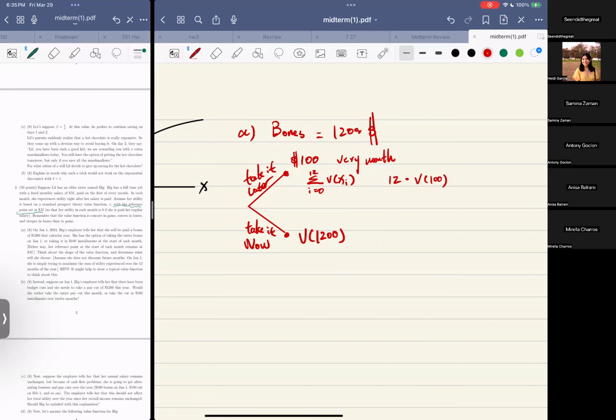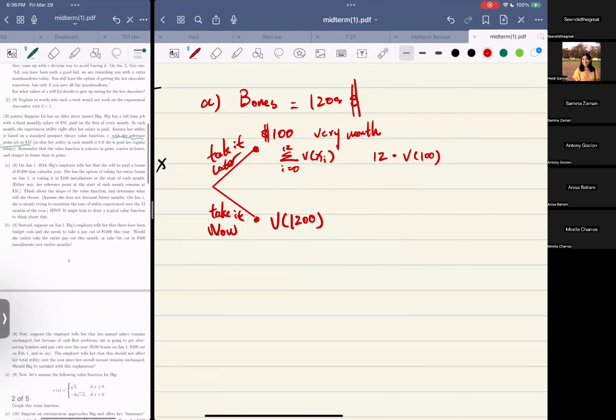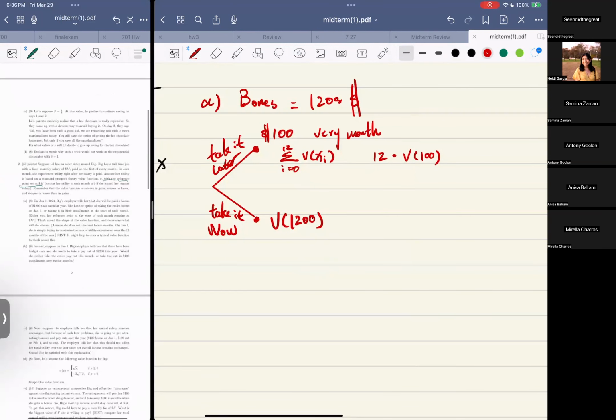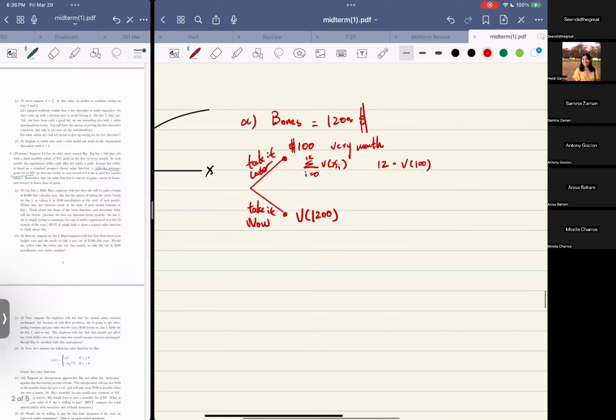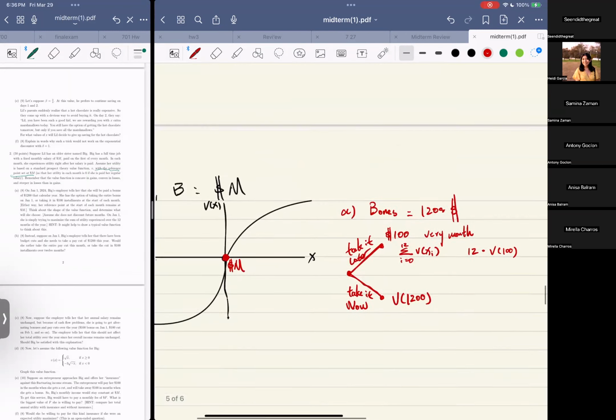Every month you get 100, and the sum of all that gives you this yearly value function. Value of happiness, I guess. So you have to decide whether to take it all now or take it later. Okay, let's take a look.